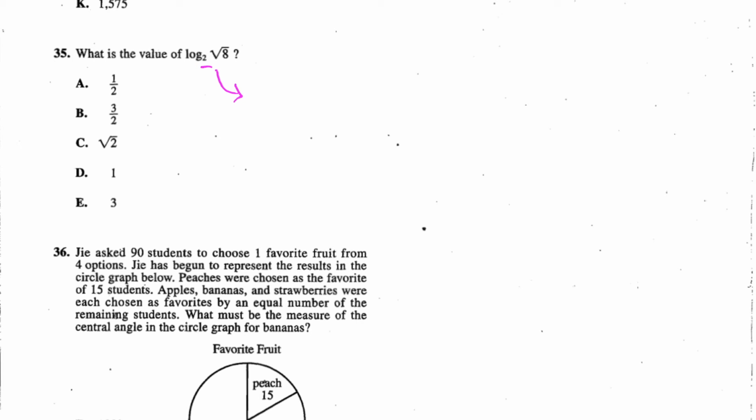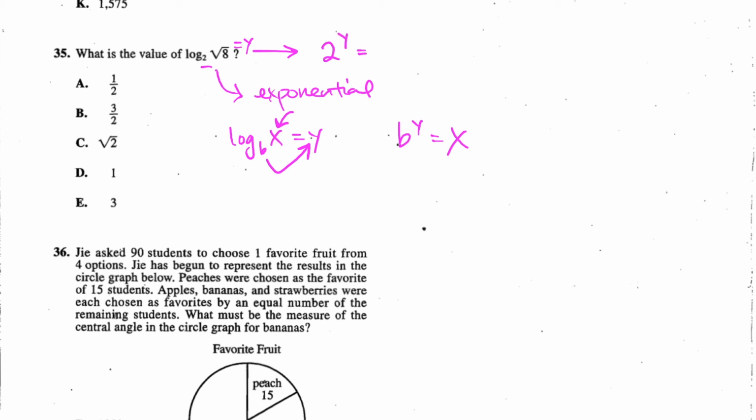Otherwise, you can rewrite this into exponential form. Log x with base b equals y. That's the logarithmic form. The exponential form is b to the y equals x. So we can rewrite this as, well, let's put this equal to y. That's 2 to the y equals root 8.